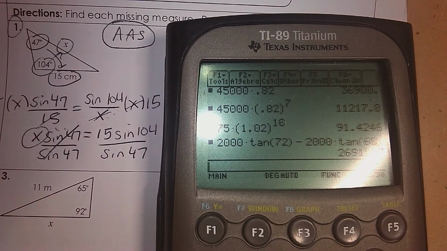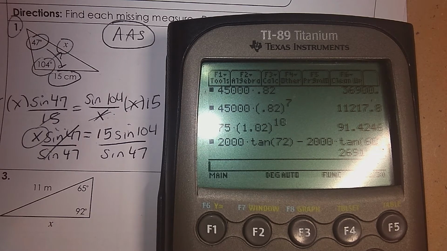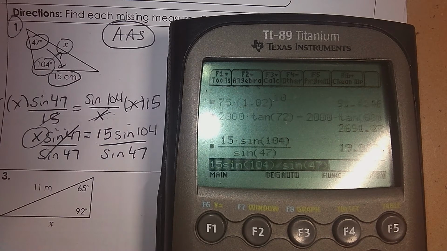So you would type in exactly what you see. You would type in 15, then sine 104, close the parentheses, divided by sine 47, close it, and you're going to go diamond enter, and then what's the approximate length for x? And we're going to write it down.